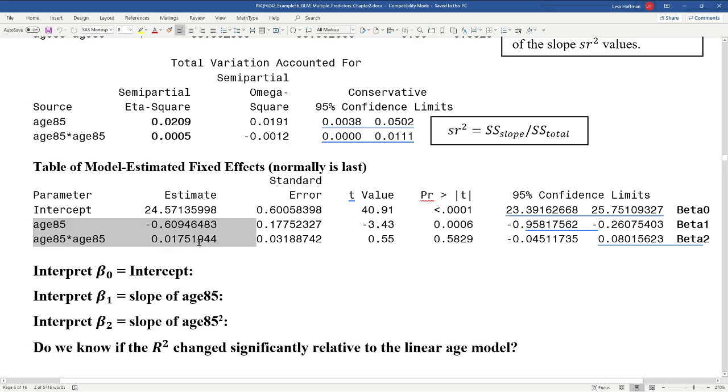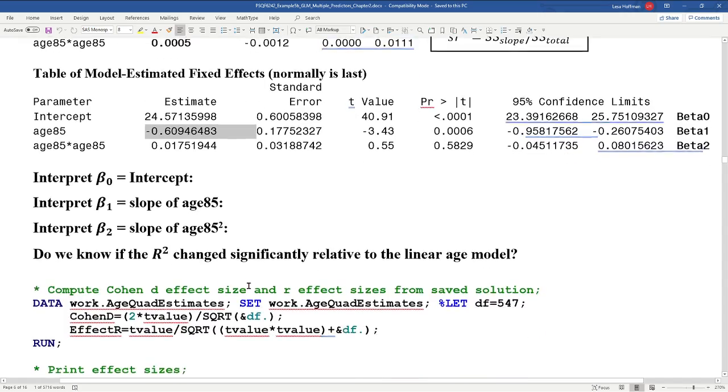The quadratic slope for age is positive. So they're working against each other. So what's going to happen is that the slope of age, which is negative, is going to become less negative as age increases. So you're looking at sort of the left-hand side of a U here. However, it's not significantly negative. So functionally speaking, a linear slope appears to be sufficient. So that's what we'll do, is we'll just stick with that.